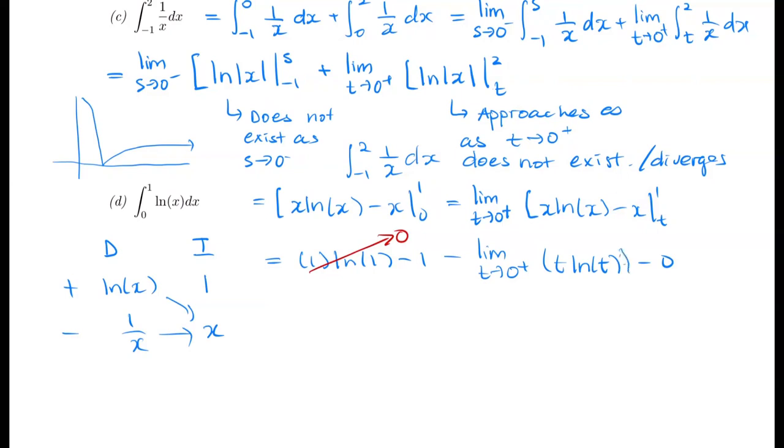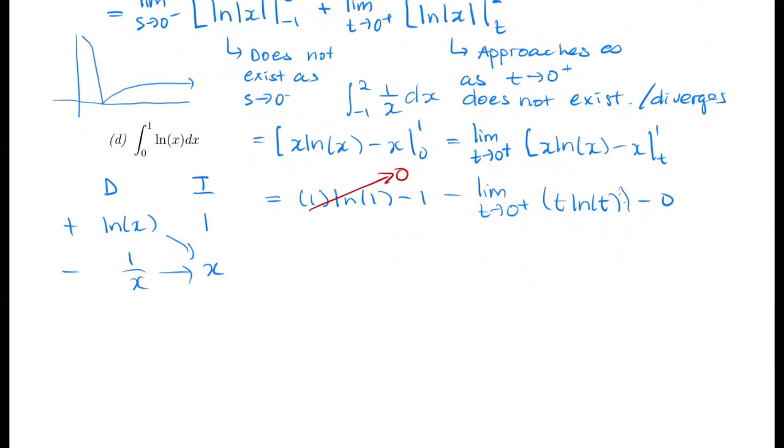Okay. Well, how do we actually evaluate this limit here? If we do a direct substitution, that wouldn't really give us any answers, because this is going to go to 0, and this is going to go to infinity. So 0 times infinity is an indeterminate form. That means we have to use another technique. Luckily, we could actually use L'Hopital's rule.